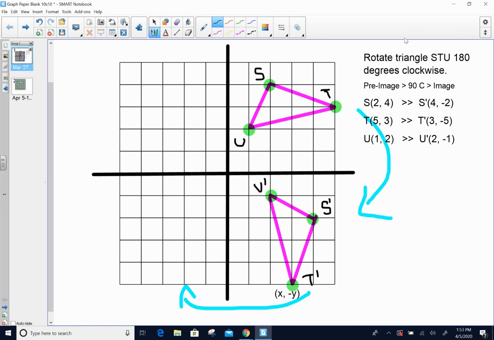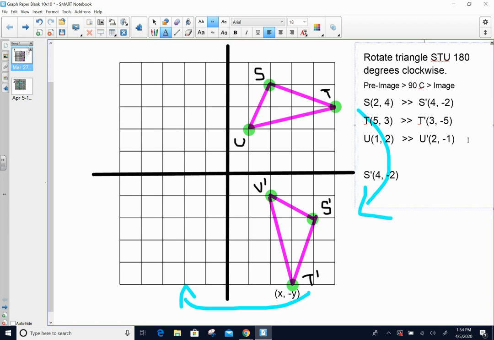But my instructions here say that I need to rotate it 180 degrees, so I'm not done yet. I need to now rotate all of these points another 90 degrees. Let's start with S. S prime was 4, negative 2.